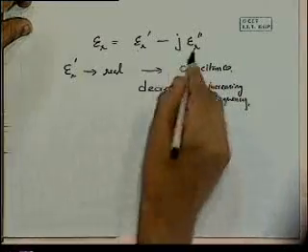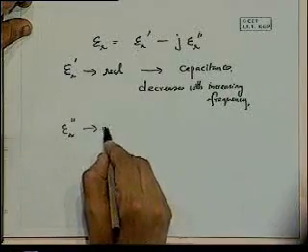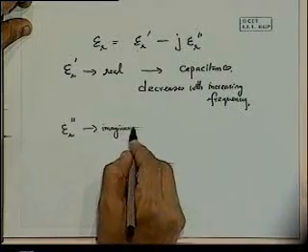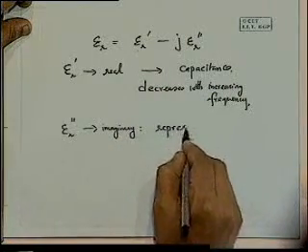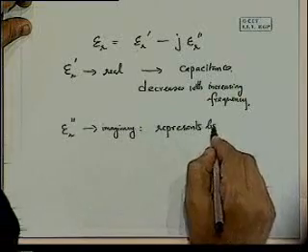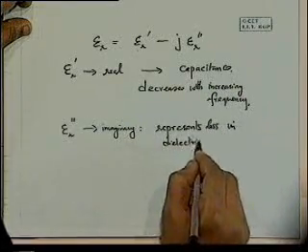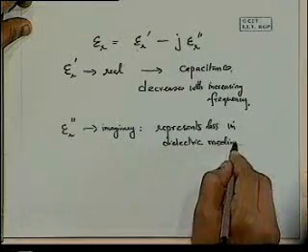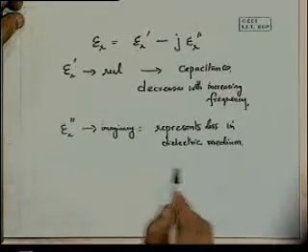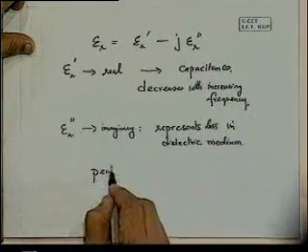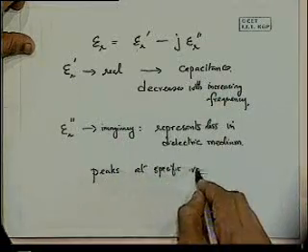In addition to that, you've got the second term, epsilon r double dash, which is the imaginary component. What it represents is the loss in the dielectric medium. And when we look at epsilon r double dash, the loss, as a function of omega, we see peaks appear at specific values of omega.